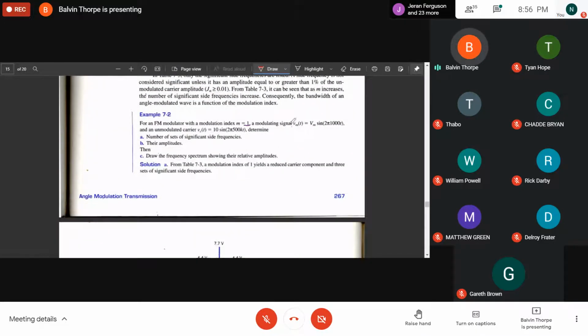Then it says a modulating signal, VM, is given as this, and an unmodulated carrier is given as this. So we know the carrier frequency, and we know the modulating signal frequency. Most important, we know that this is going to be the frequency of the modulating wave, or the signal, or the information.